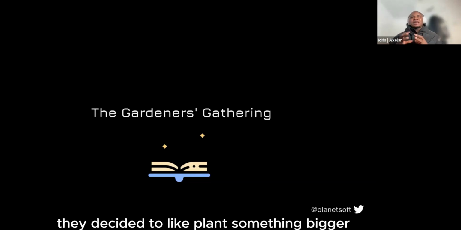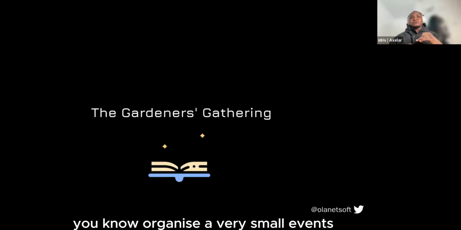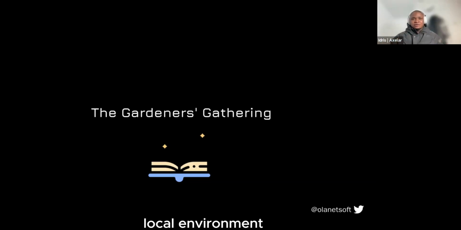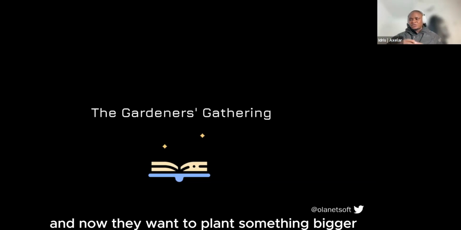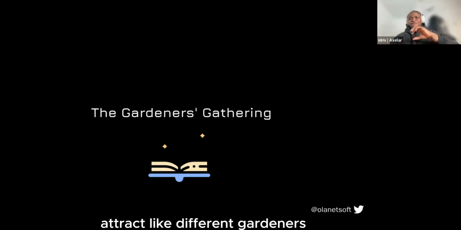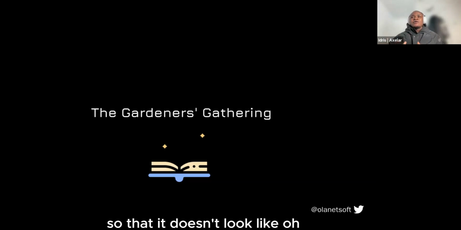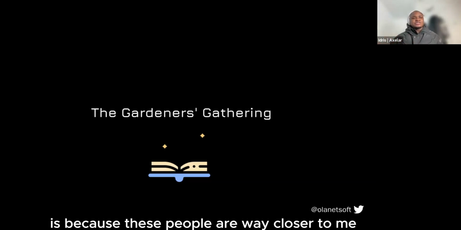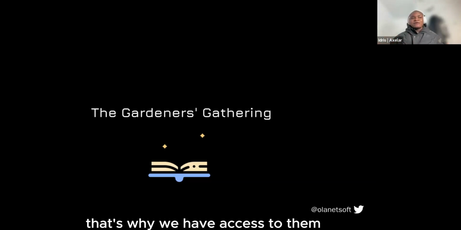They decided to plan something bigger, because now they've organized a very small event within their local environment, and they want to plan something bigger. The goal here is to attract different gardeners from nearby villages, so that it doesn't look like, oh, it's because these people are way closer to me that we have access to them.